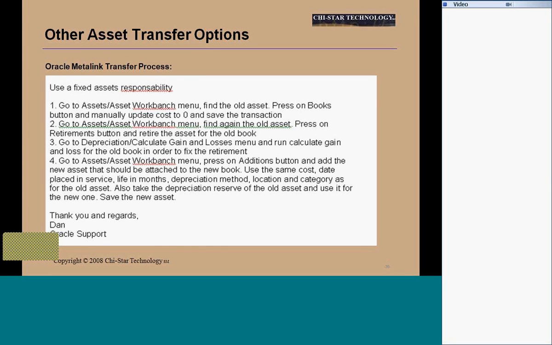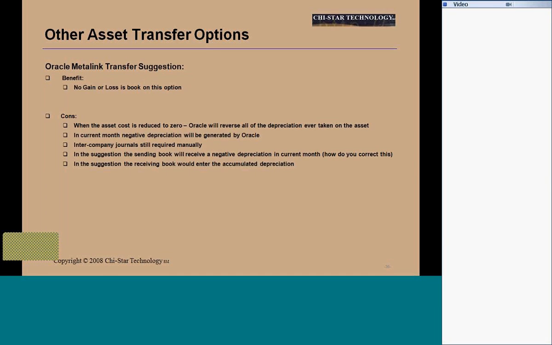The issue with this, and this brings up a bigger issue, is when you change an asset cost from whatever value it is to zero, whatever has been calculated as accumulated depreciation on that asset would be reversed in that period that cost was changed. So what you're telling Oracle is that this asset value should never have been a value. It should always have been zero. So any depreciation taken on that asset is going to be reversed.